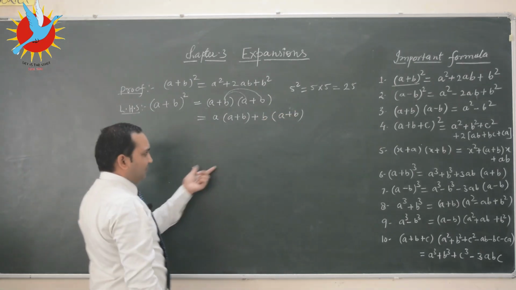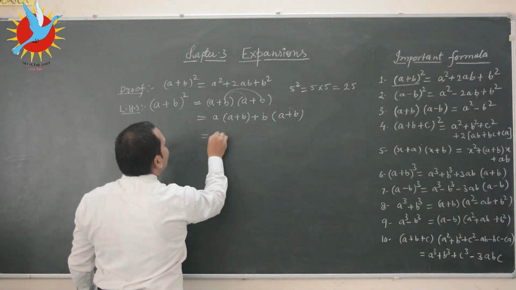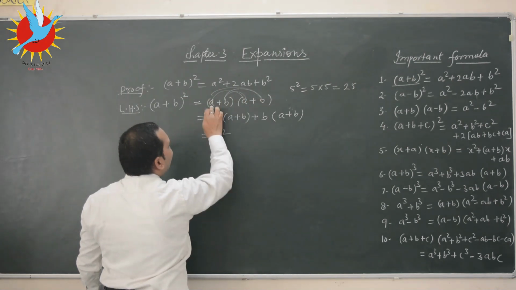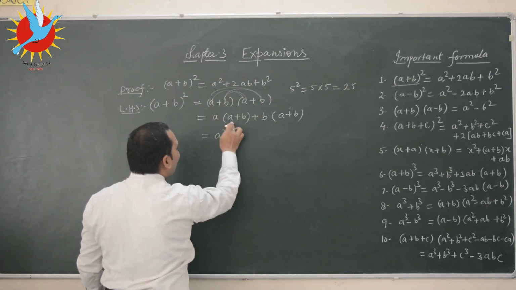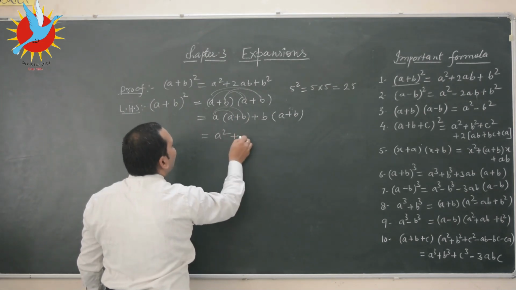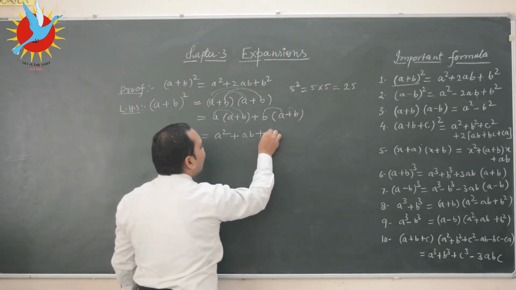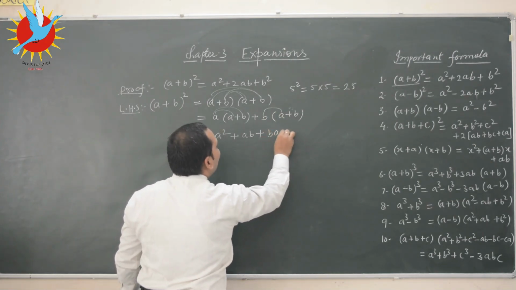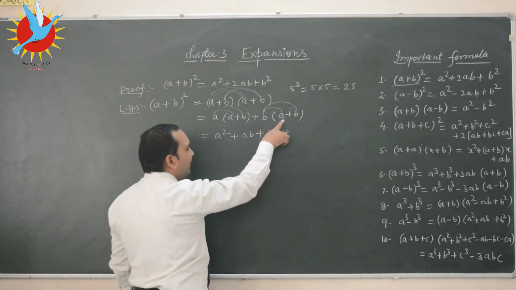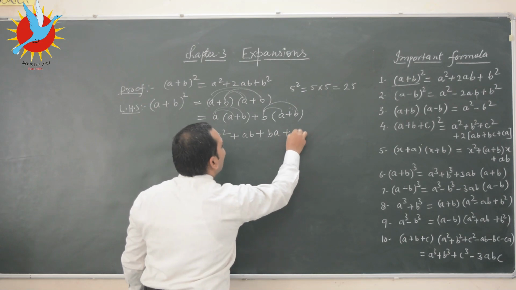We can write like this, or directly: a into a is a square, a into b is ab, plus b into a, that is ab or ba, plus b multiplied by the second term, so b square.